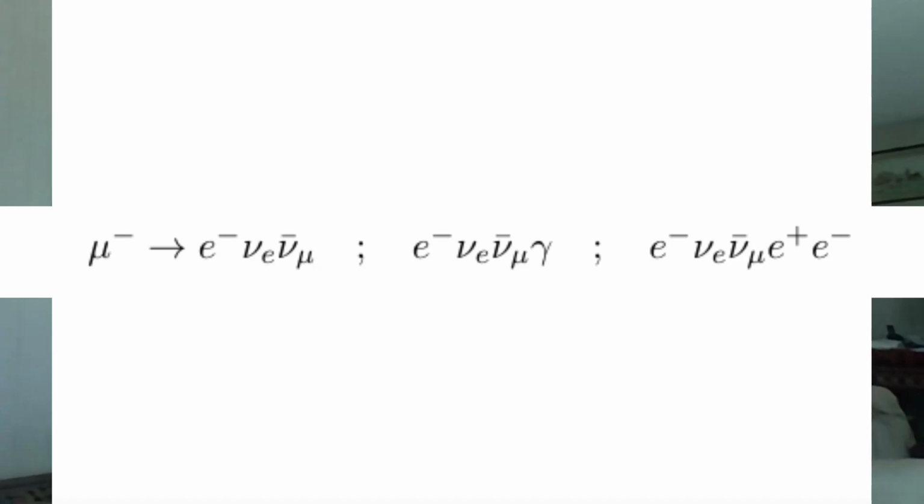So now let's continue, have a look at the muon. Now if you have a muon, you can first of all look at the decay of the muon. You see a muon decays into an electron and at least one or several neutrinos.